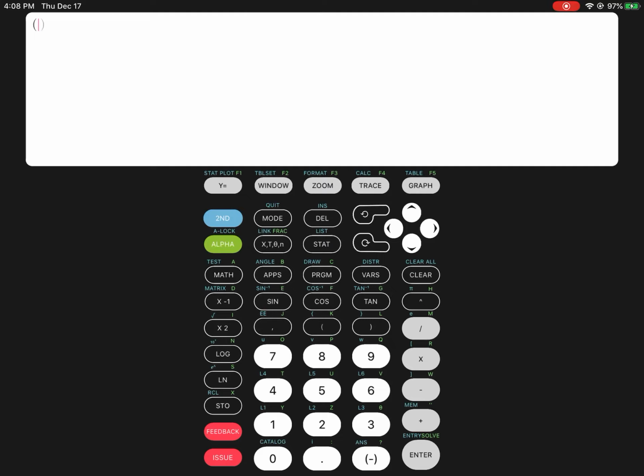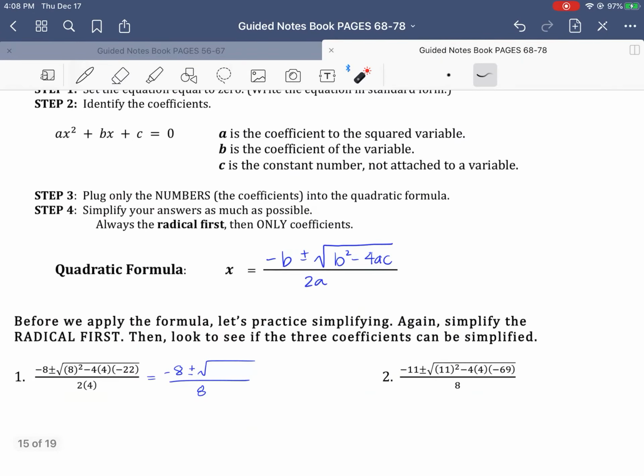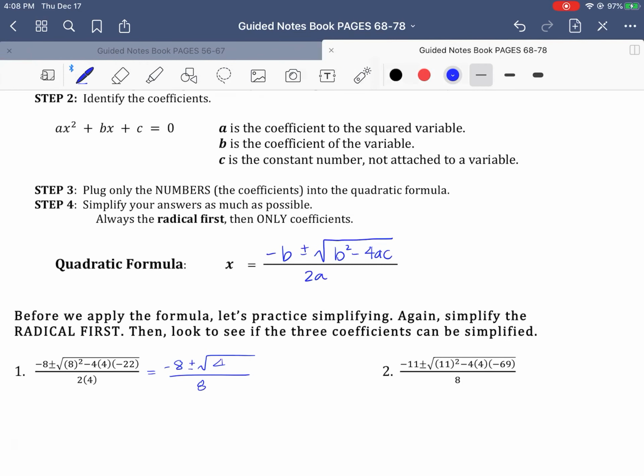We're going to put parentheses, just like we saw: 8 parentheses squared, minus 4 parentheses, negative 22. Then we push enter. It's 416. So when I come over here, I am going to put 416 into that radical. Now 416, I don't think it has a nice square root, so we're going to build a factor tree, and again we're simplifying like we've been practicing.